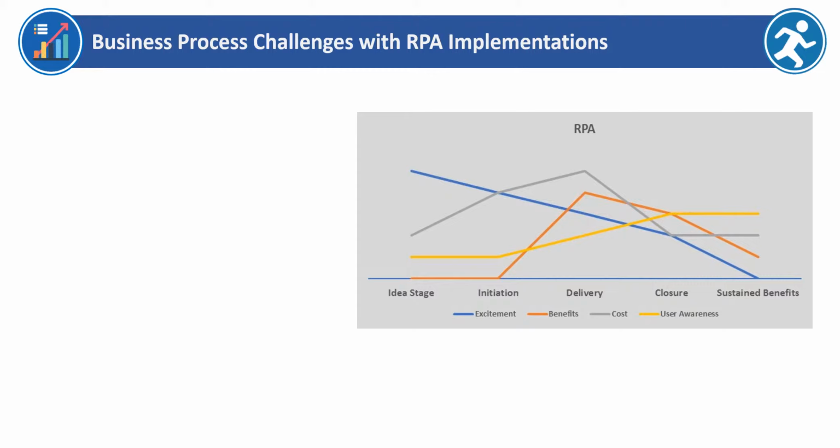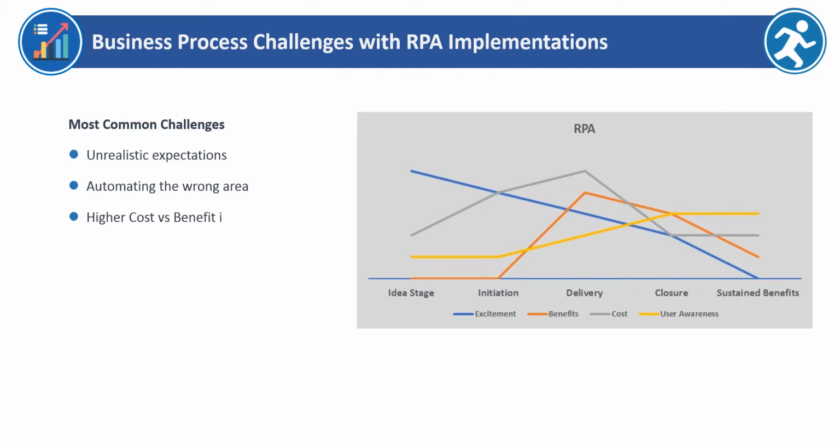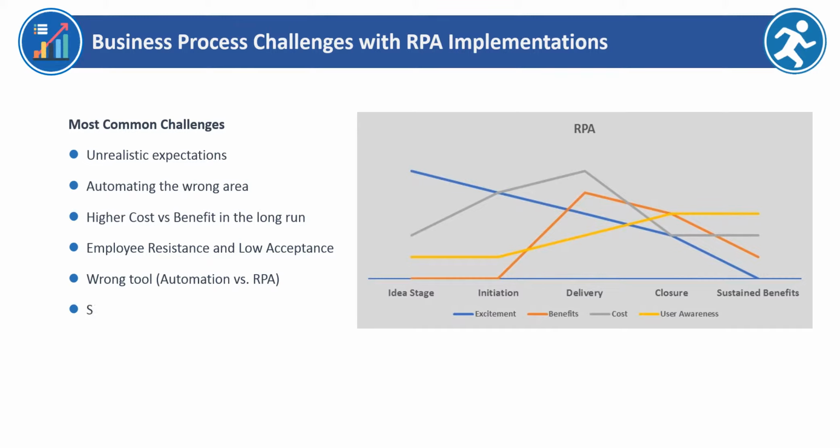Let me put the challenges in very simple terms here. So some of the challenges are unrealistic expectations, automating the wrong area, higher cost versus benefit, employee resistance and low acceptance, wrong tool, so that is the automation versus RPA, and the siloed implementation.